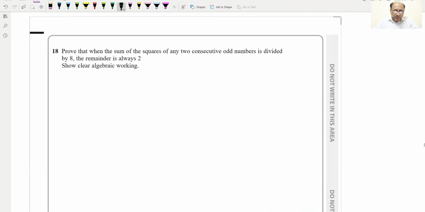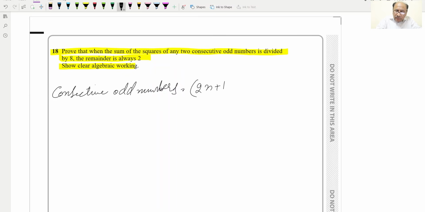Next is question number 18, which we have to prove, and it is a little tricky. Prove that when the sum of squares of two consecutive odd numbers is divided by 8, the remainder is always 2, and show clear algebraic working also. So consecutive odd numbers will be what? The first odd number we can write as 2n plus 1, and the second number we can take 2n plus 3.